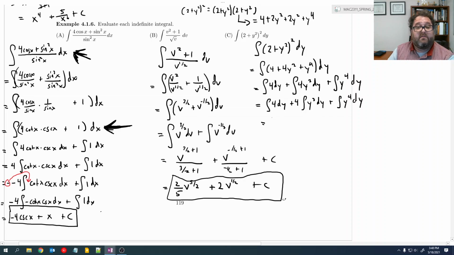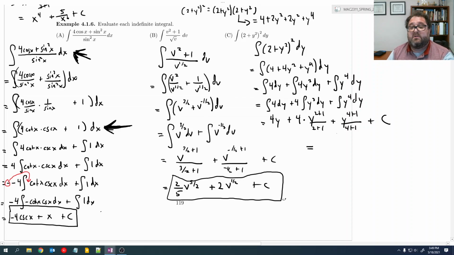And now we're home free because we have 3 different antiderivatives. What's the antiderivative of the constant? Well, we just multiply by the appropriate variable, and here that variable is y, so 4y. Plus 4 times the antiderivative of y squared. So we increase the power by 1, 2 plus 1, and we divide by that same power, 2 plus 1. Plus y, power rule again, increase the power by 1, divide by that new power, plus c.